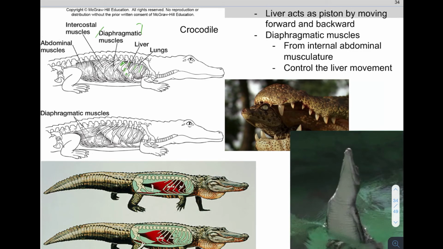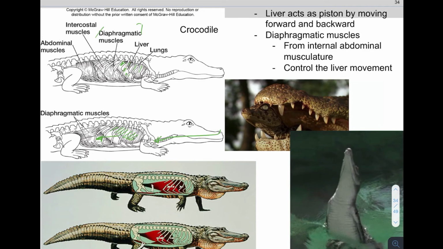has allowed crocodiles to use the liver as a piston, where they can use diaphragmatic muscles to bring the liver more caudal and basically allow for that lung to expand in that thoracic cavity and decrease the pressure within it, allowing for that air to be forced to go into the lung.